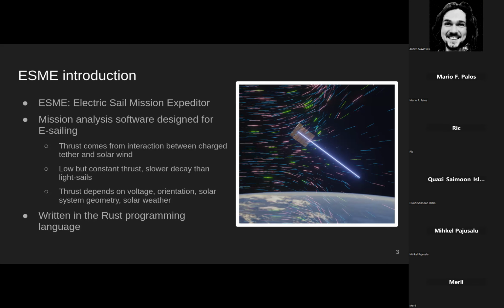The thing is that if you want to plan an E-sail mission, the current tools in the market cannot fully explain what it does. So first, the thrust comes from the interaction with the solar wind, so you need to simulate the wind at some point.